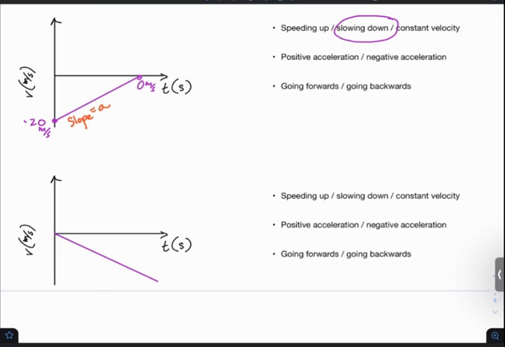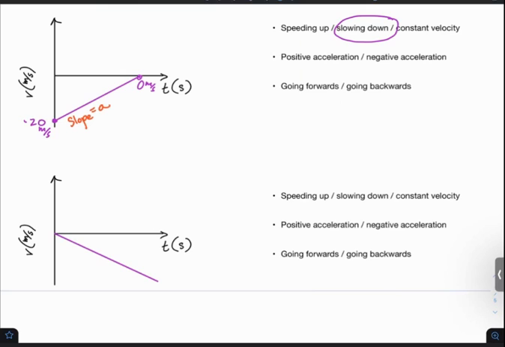Because if I'm slowing down, you want to tell me that it's decelerating, but I don't want to use the word deceleration because that's confusing. In common language, when people say decelerating, what they really mean is slowing down. So I do not want you to say decelerating. I want you to say speeding up or slowing down. And then I want you to tell me, is it a positive acceleration or a negative acceleration?